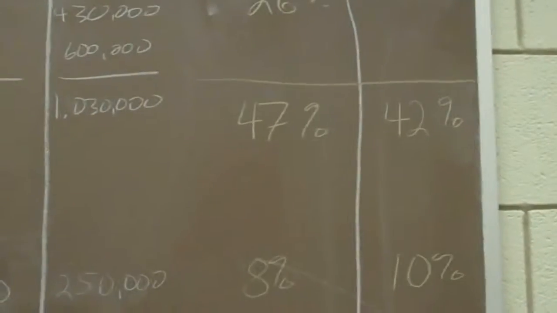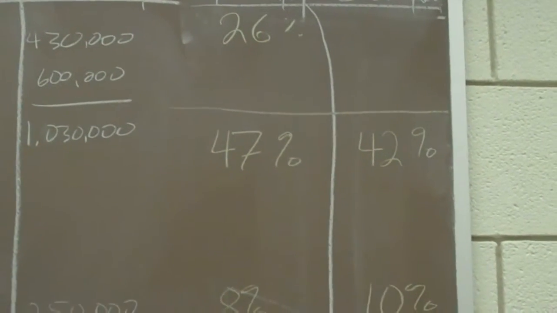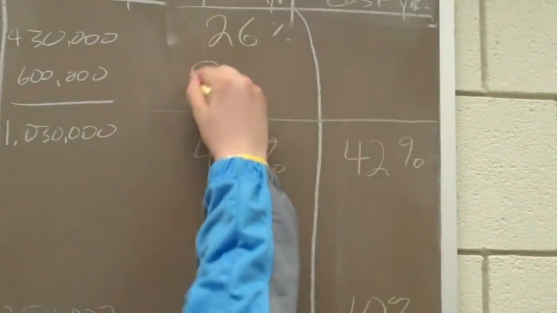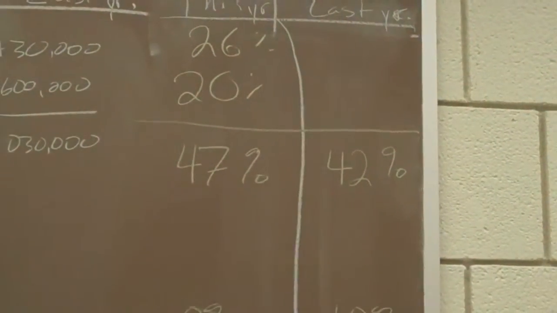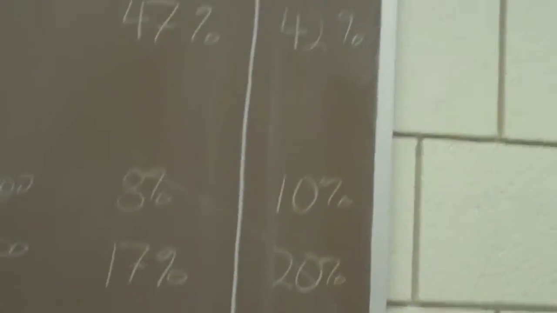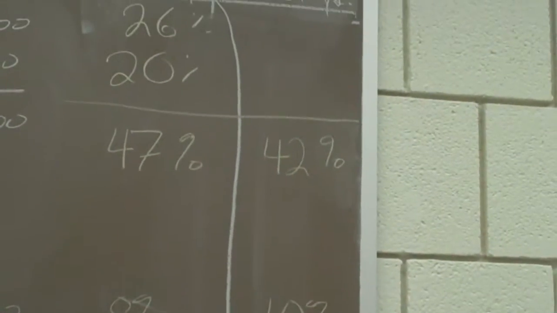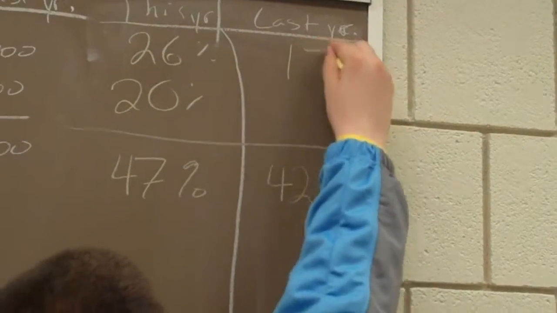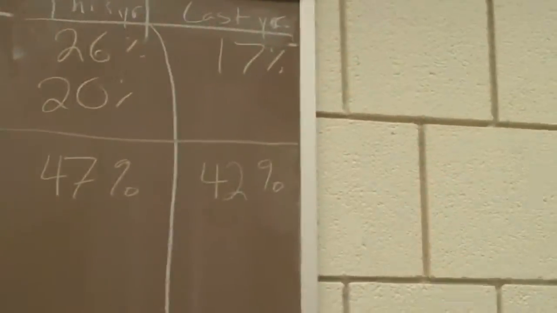And for bonds payable, you'll do 600,000 divided by 3 million, and that comes out to 20%. And you'll also do the same for last year, and you'll take 430,000 divided by 2,460,000, and you get 17%. And for bonds payable, you'll get 24%.